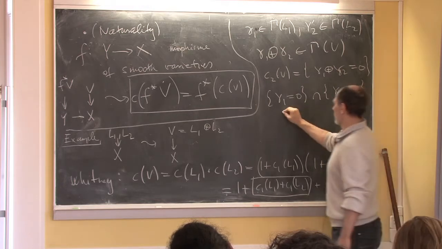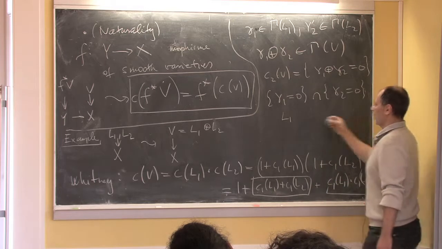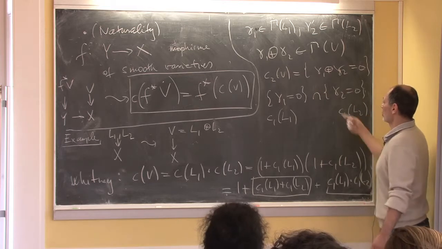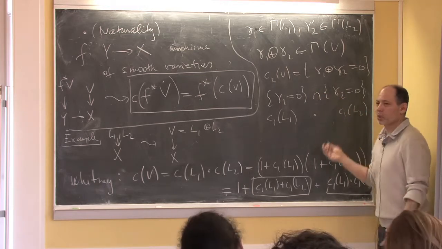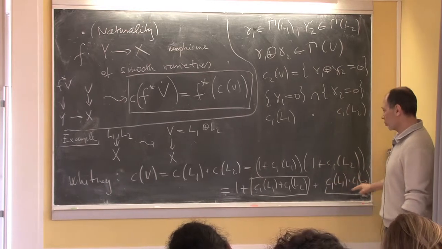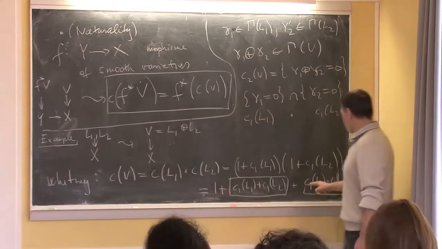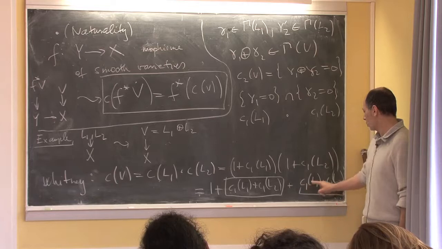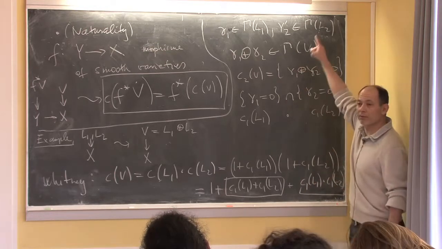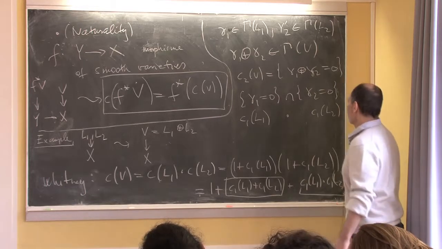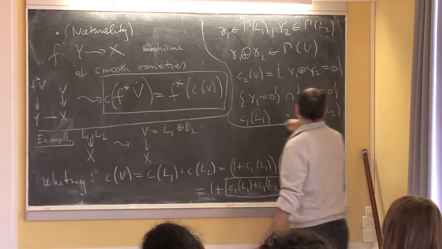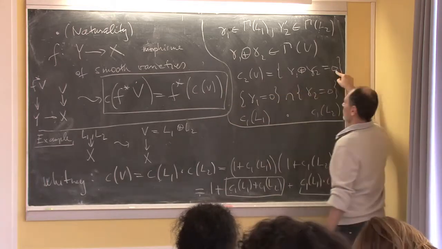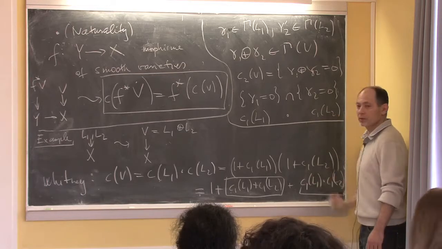And this is c1 of L1 by definition, and this is c1 of L2 by definition. And the intersection is precisely the product in the Chow group. So you see here, where I should get c2 of V, this Whitney formula says that c2 of V is the product of these two, and I verify it, and it's actually consistent. Indeed, I constructed a section, and the corresponding zero set of the section is actually the product of the two line bundle things.